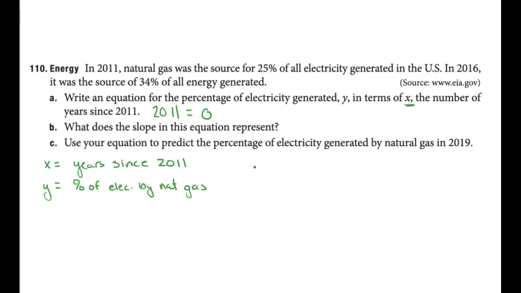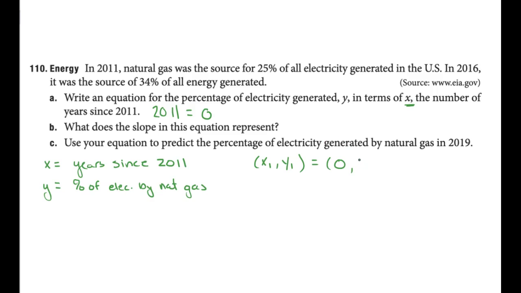So we need to know a few things. We need to at least know a couple points or a slope or something. So let's figure out x1, y1. We're going to call that the initial situation, and that is when time was 0, so years is 0, and what was the percentage of electricity by natural gas in that year?